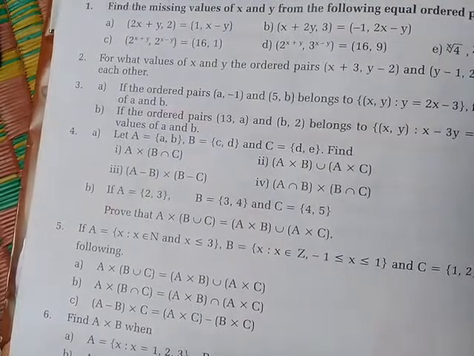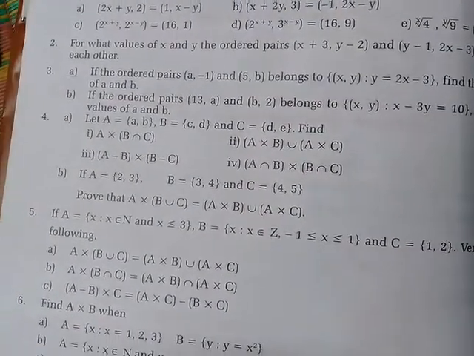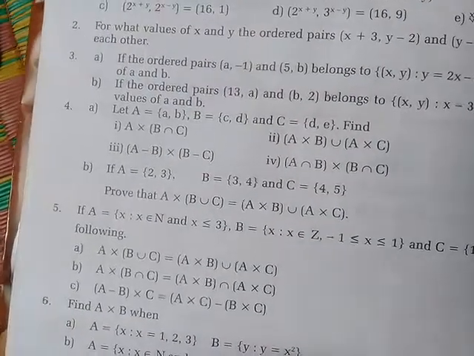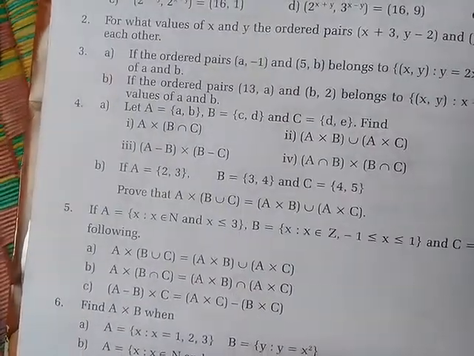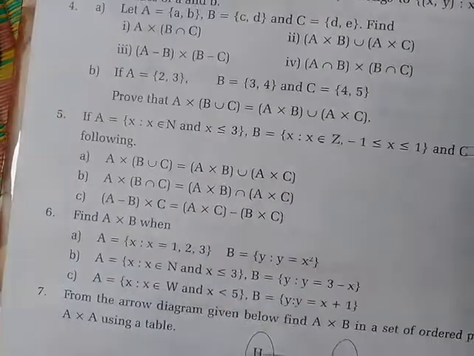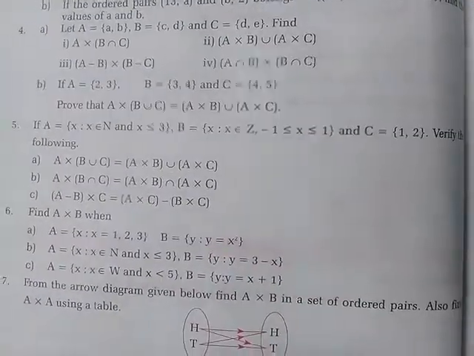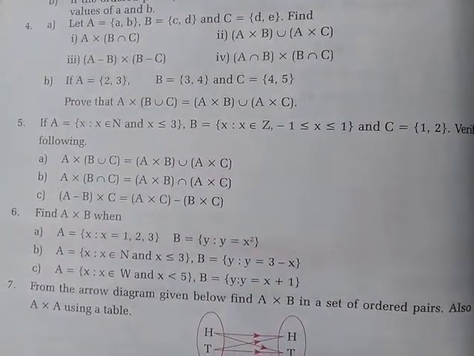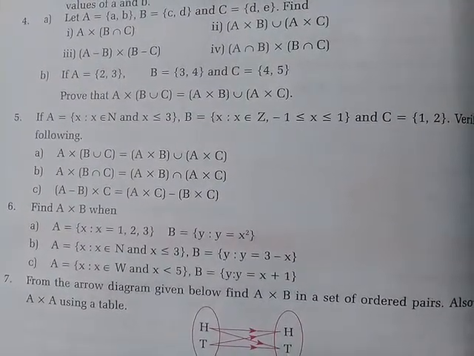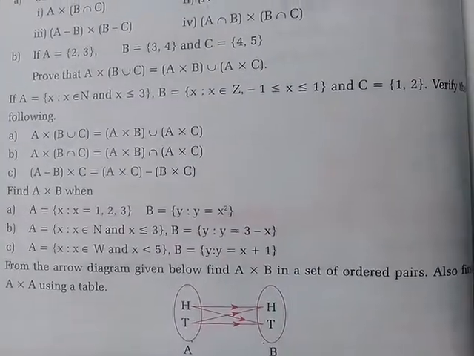Questions 3, 4 and 5 are the same, but 5 is somewhat different from the others, so I am doing 5. First of all I am copying question number 5.